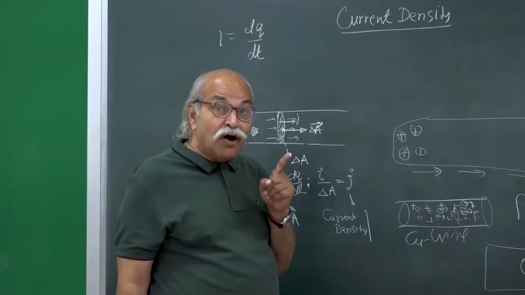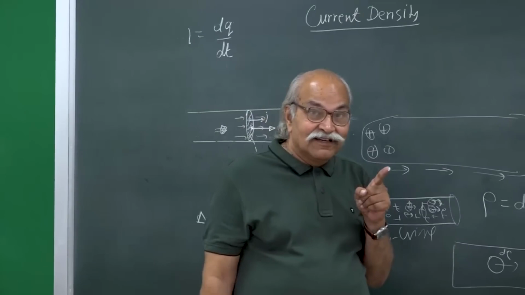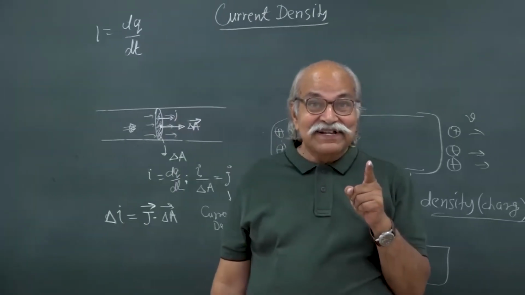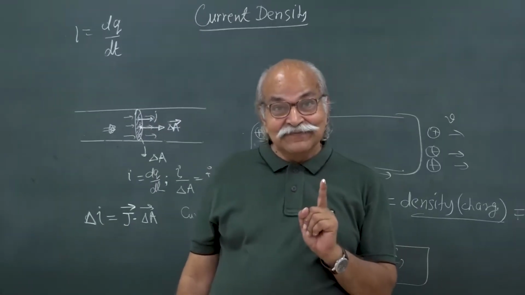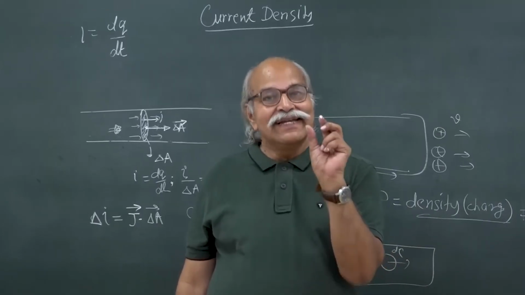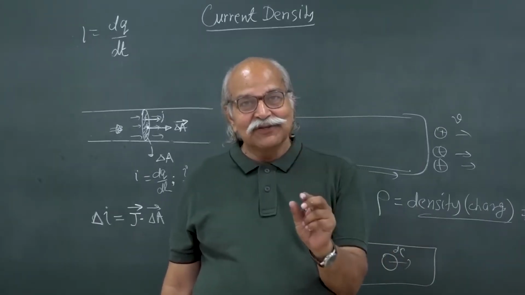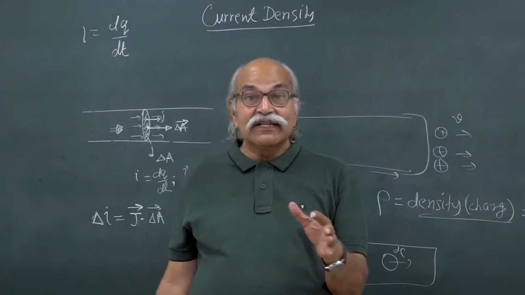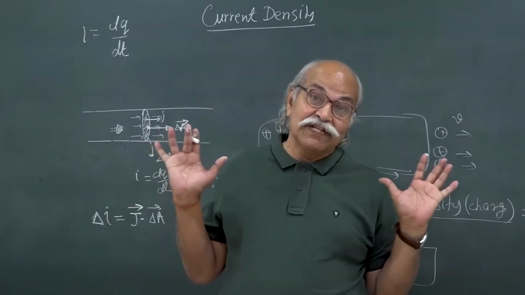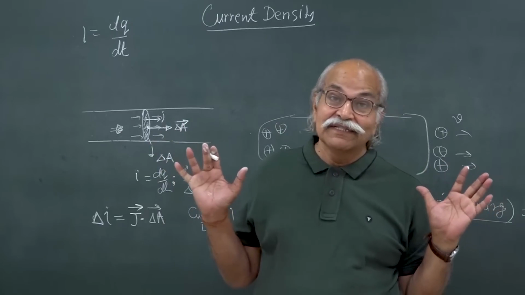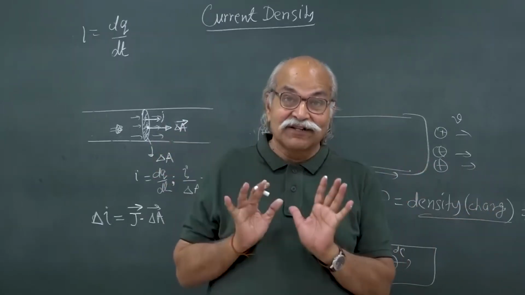When I say very small in this course, it has to be understood very clearly that we are talking of length scales or area scales or volume scales in which there are at least 10, 15,000, 20,000, 50,000 electrons or equivalent charge.